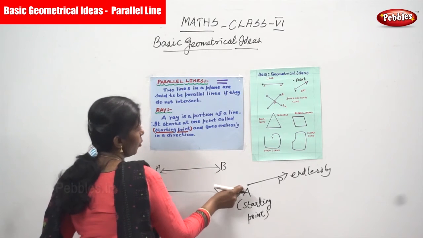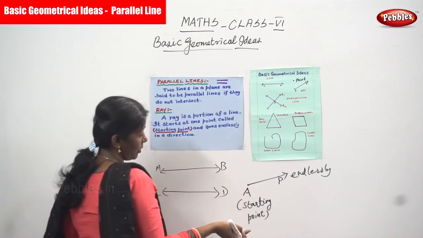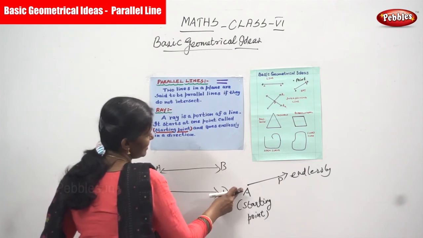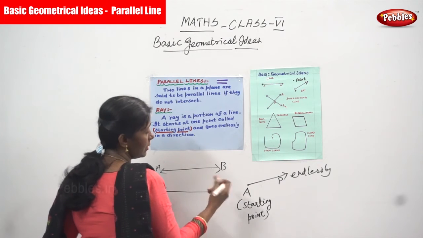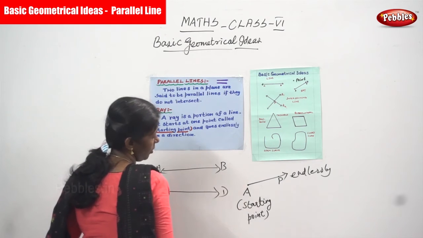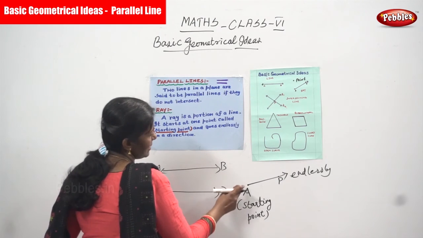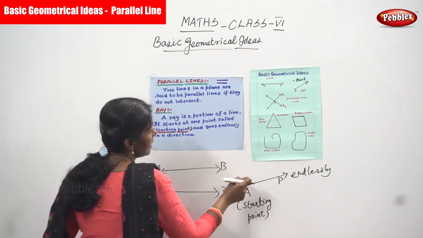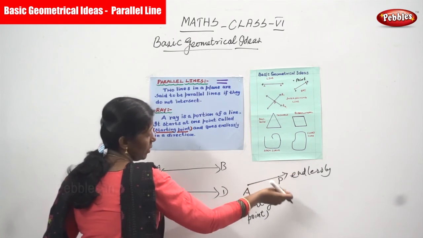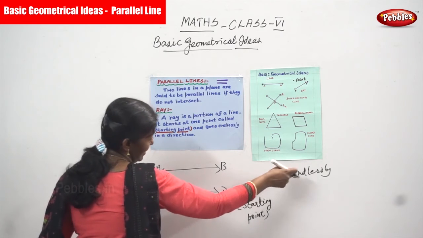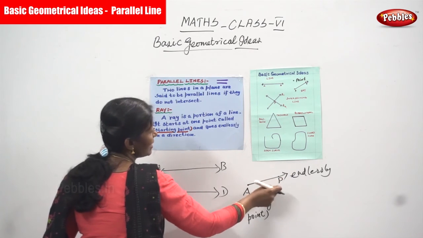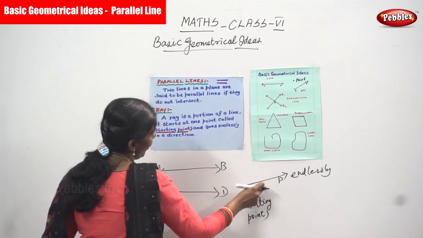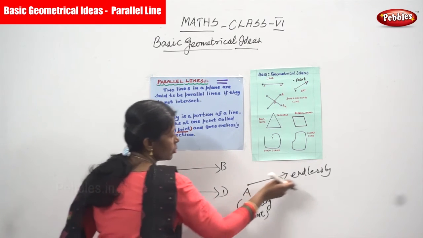It starts at a point, that point called A, this is called the starting point, and it goes endlessly because there is no end in this direction, and it goes only in one direction, this side only, keeps on going.